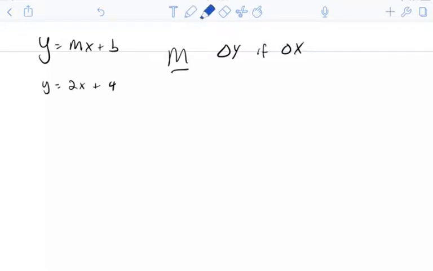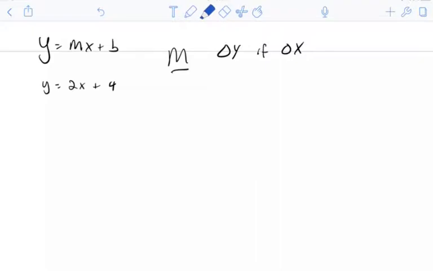Incidentally, if you've never seen this notation before, that's the Greek letter delta. Its equivalent is the Roman letter D, and D is the first letter in the word difference, which means change. So anytime we talk about change, you might see this delta. This is probably the first time you've seen it. Delta means the change in, but don't worry about that.